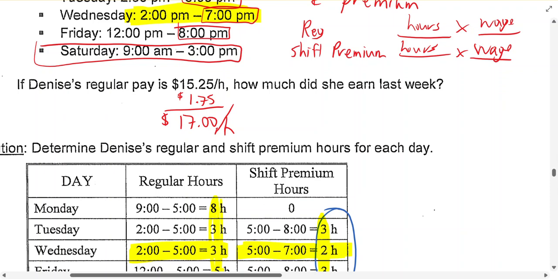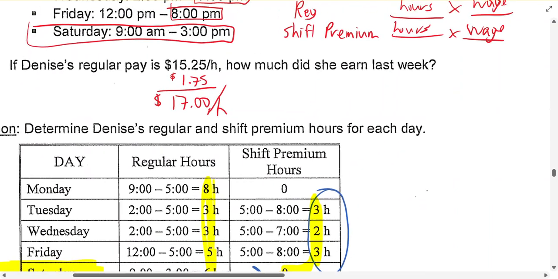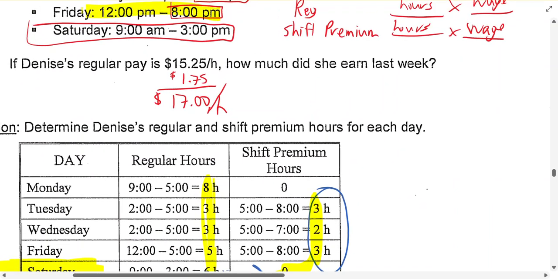Friday, exact same thing. She works 12 till 8, so regular time is 12 to 5. Okay, so 12 to 5 is regular time at 5 hours, and then shift premium time is from 5 to 8, 3 hours.